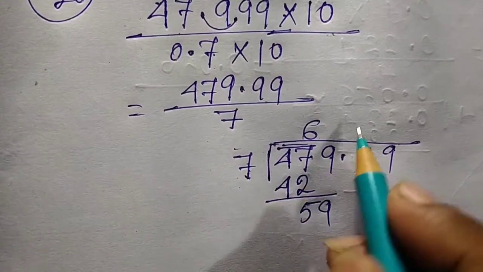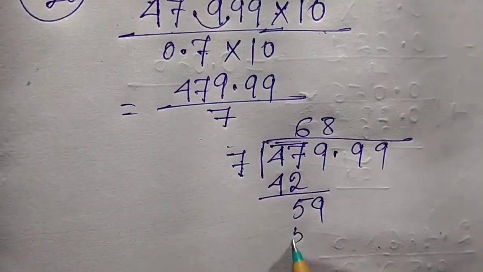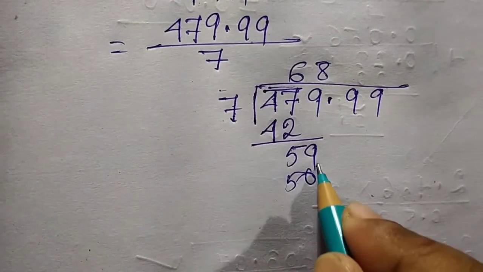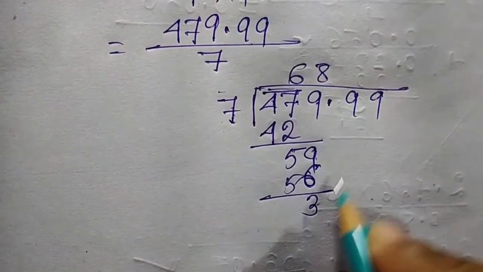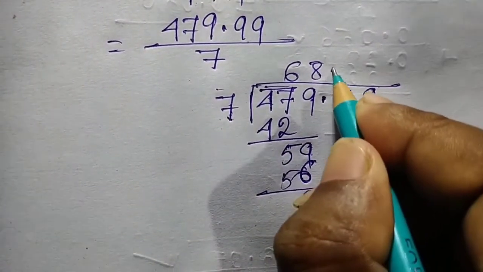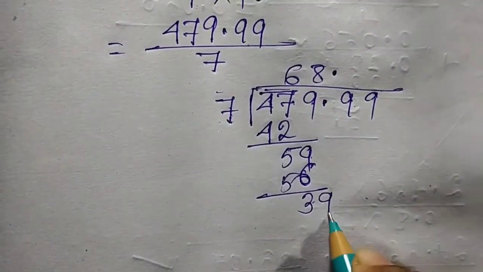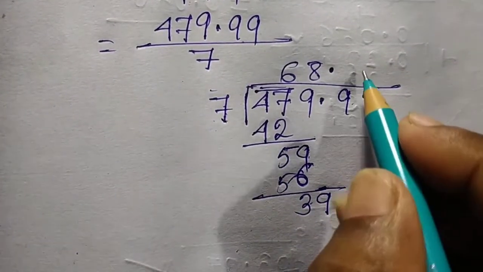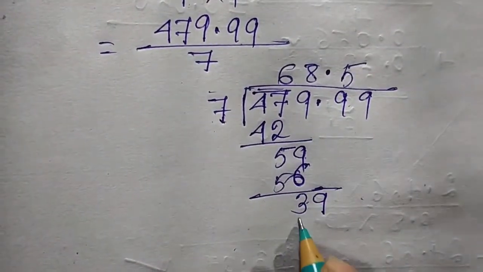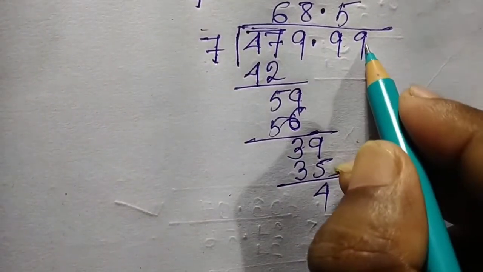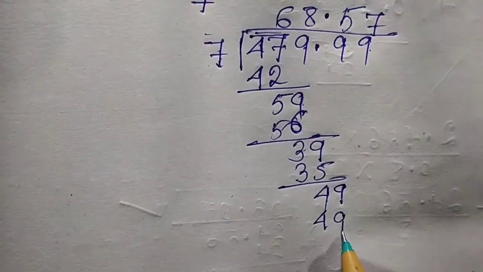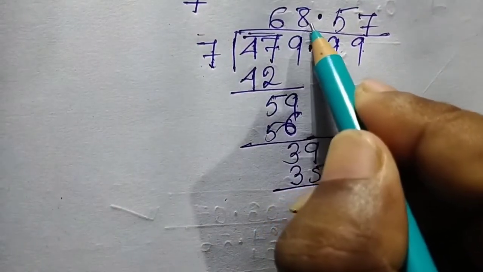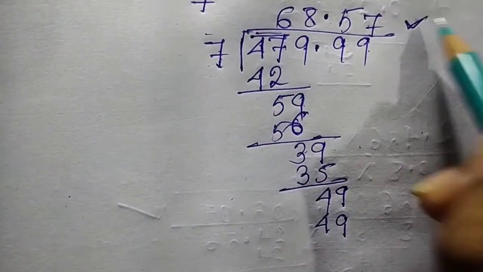So 7 8s are 56. Now again subtract, here is 3. Now we have to bring down another digit, but here is the point, so put the point in this line. Now take 9 here, 7 5s are 35, again minus, and it's 4. Now bring down another digit, 9. So 7 7s are 49, so our answer will be 68.57. This is the answer.